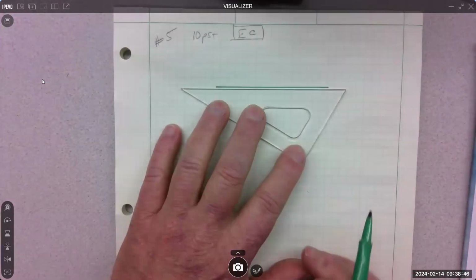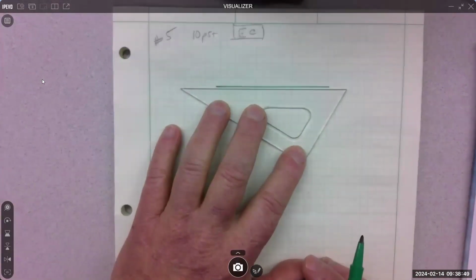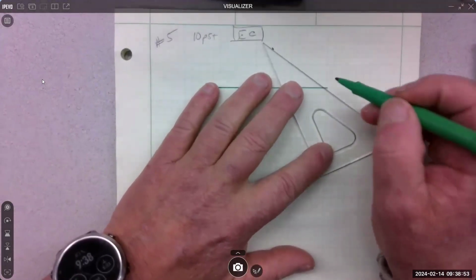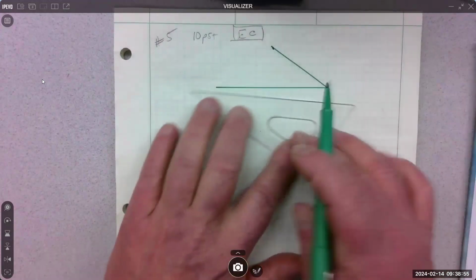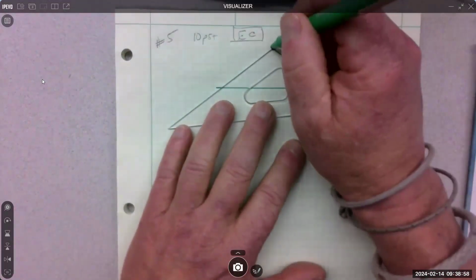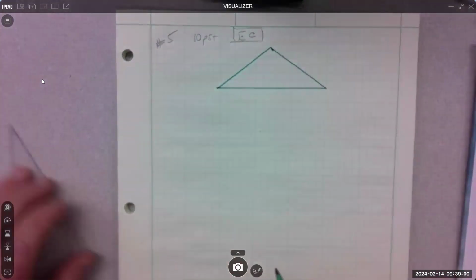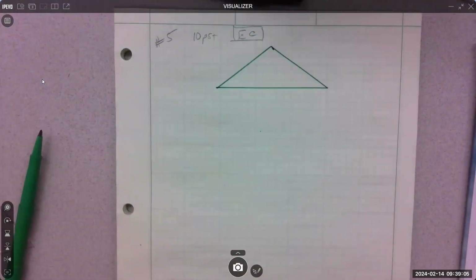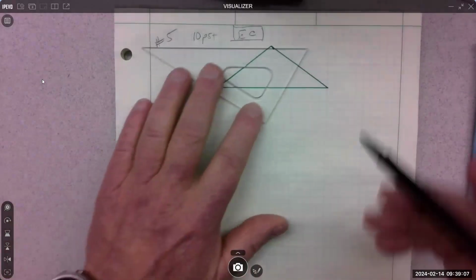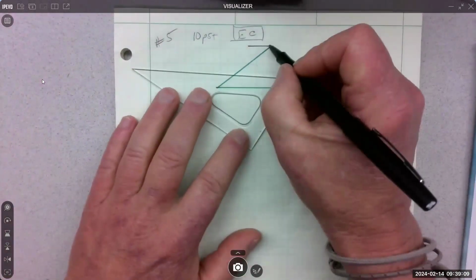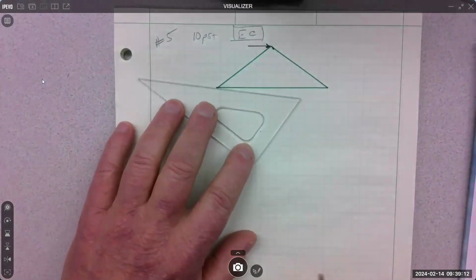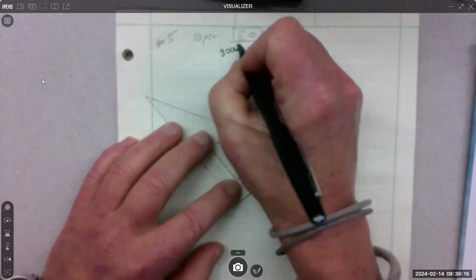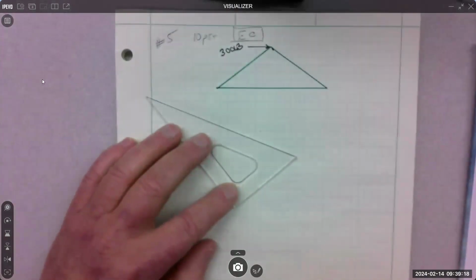If you don't have a book, I'm drawing it. It looks symmetrical, yeah? Symmetrical in shape, is it symmetrical in load? No, it is not. That's a side load coming in. Some kind of wind event. 300 pounds.